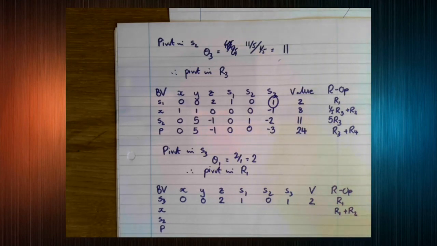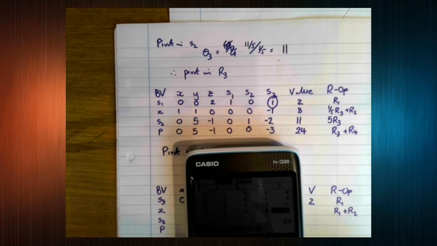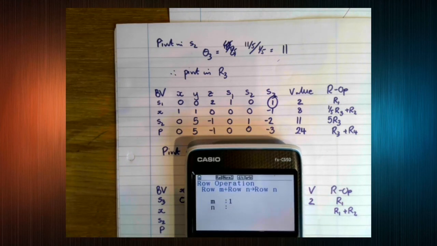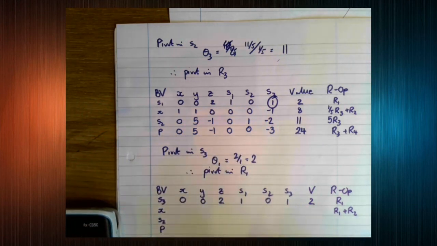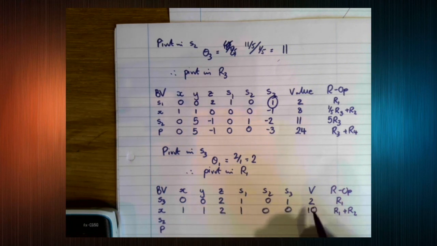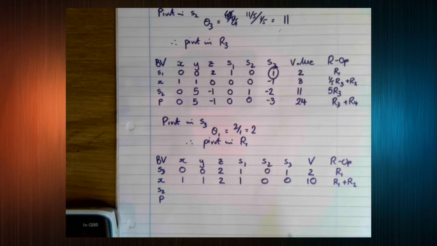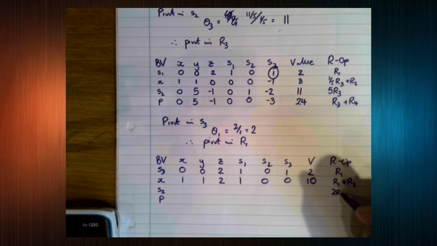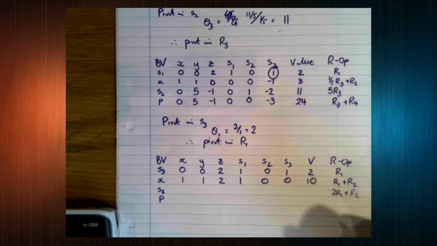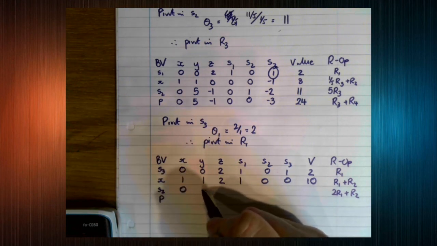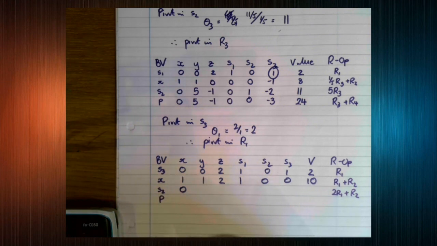So we put that into our calculator and we keep going. Okay, so we can see here, got 1, 1, 2, 1, 0, 0, 10. Next one, we've got 2 lots of R1 plus row 2 plus row 3.